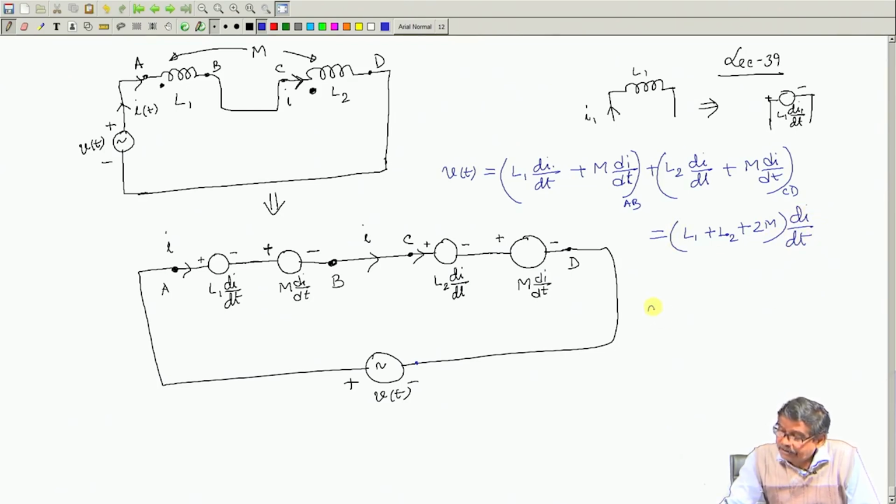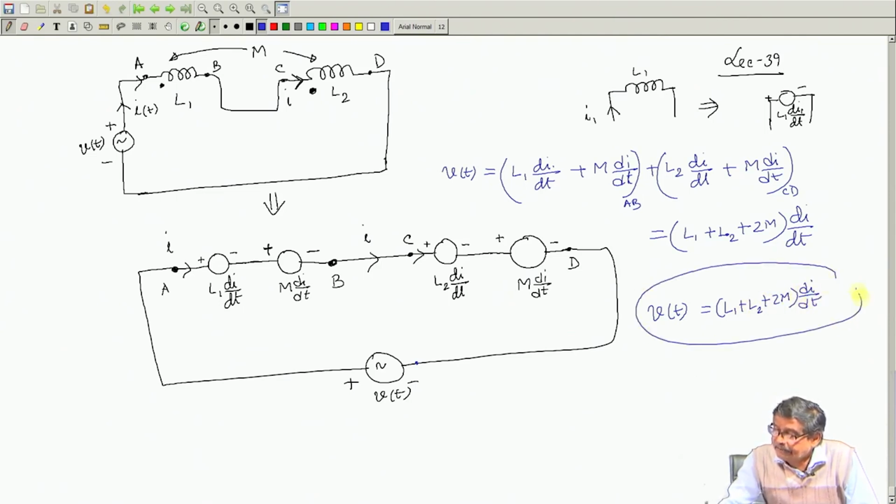So, the applied voltage is L 1 plus L 2 plus 2 M, and this is d I dt. This is the thing. I can say this much: I have applied some voltage and it is some constant into d I dt.